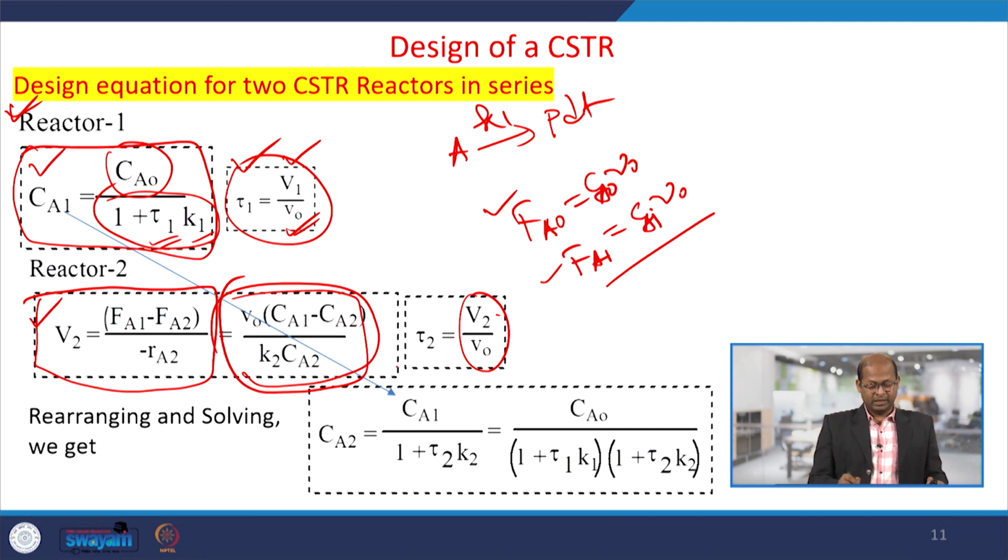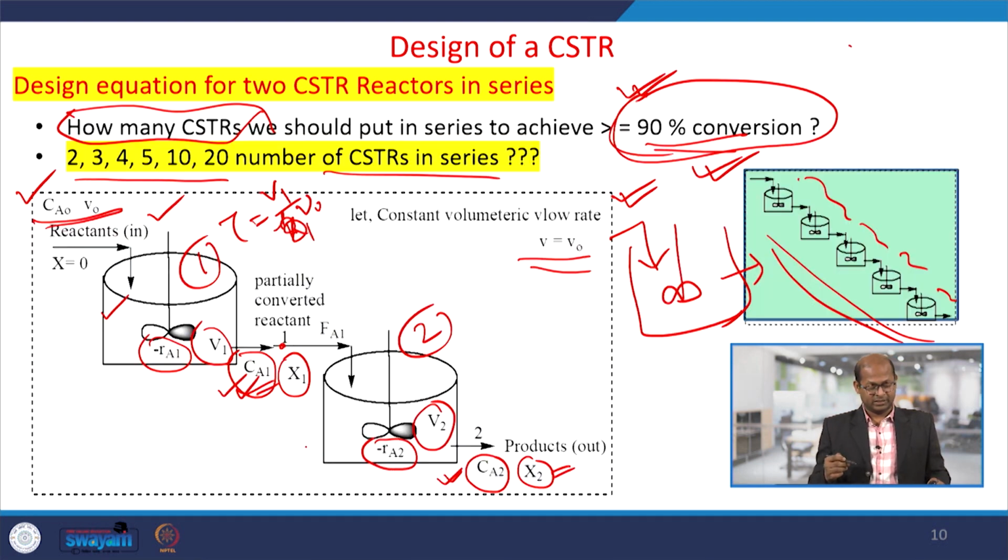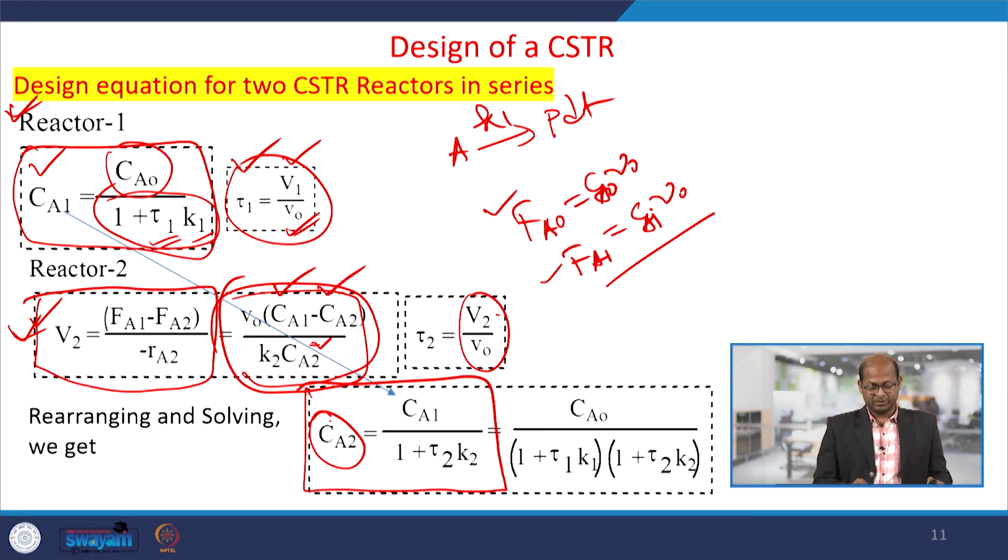Now after rearranging these equations in terms of concentrations, the equation comes like this. Here Ca1 and Ca2 are there. Ca2 we put on the left-hand side, that is the final concentration that would leave from the reactor. Here Ca1 we have derived, now we are deriving Ca2.